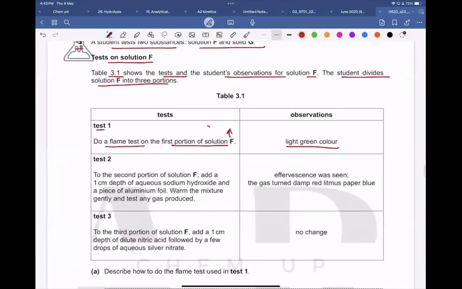So F has barium ions. Test 2: to the second portion of solution F, add a 1 cm depth of aqueous sodium hydroxide and a piece of aluminum foil. Warm the mixture gently and test any gas. Effervescence was seen. The gas turns damp red litmus paper blue. So it means that the gas is ammonia, and if it's ammonia, it means that F contains nitrate ion in it.